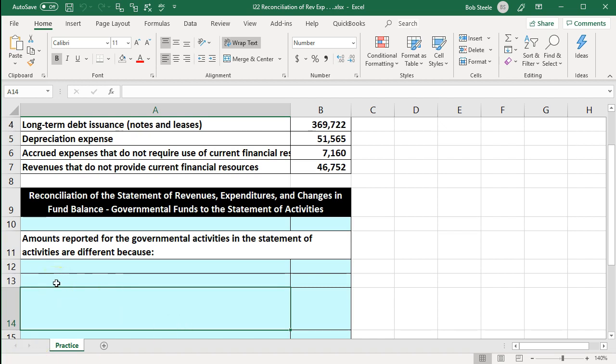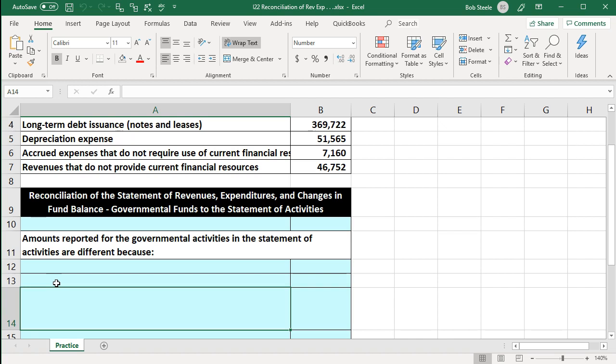As we go through this, remember that the governmental funds are on a modified accrual basis and the government-wide activities are going to be on an accrual basis. So when we think about the reconciliation process between the governmental funds and the government-wide activities, we're looking into those items that are going to be different between the accrual basis and the modified accrual basis.